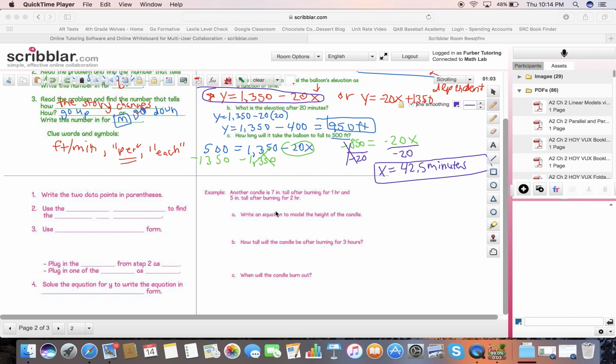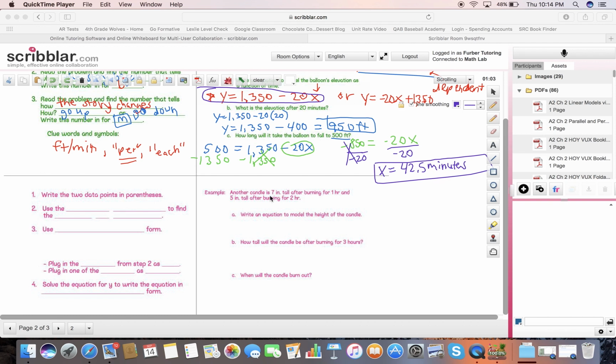So what we're going to have to do is identify and figure out what the starting point was, and we don't know the rate of change either. We have to figure out what the rate of change is. Now this one you might be able to figure out by looking at the numbers, because if it's 7 inches after burning for 1 hour, and 5 inches after burning for 2 hours, how far did it go down in that 1 hour?